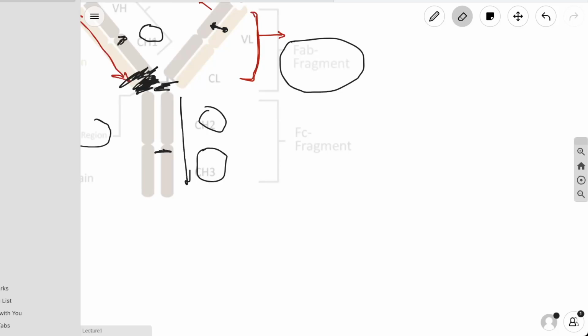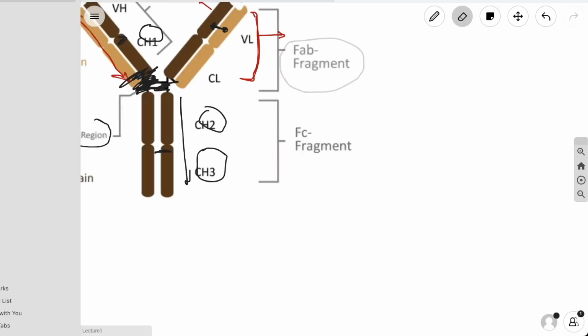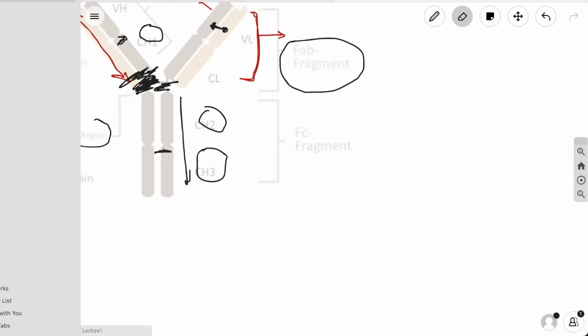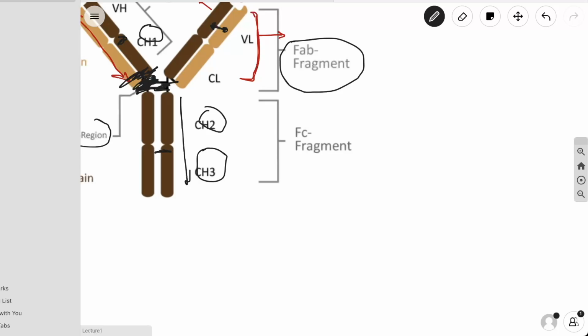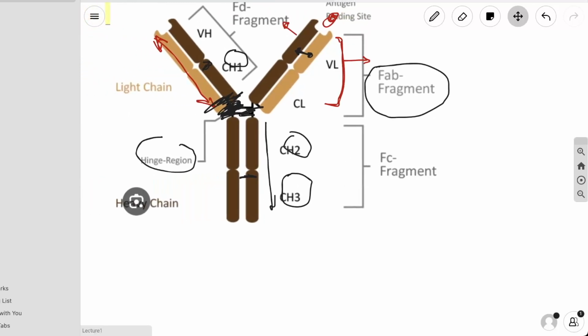The papain cut off the stem region. The stem region was at the bottom of the flask. So we say that the fragment crystallized. Then the FAB is the one that binded to the antibody.